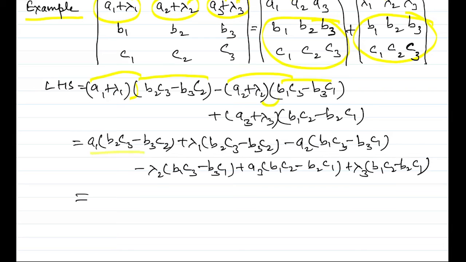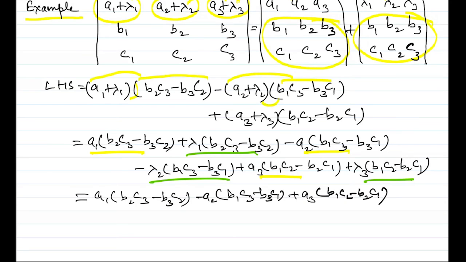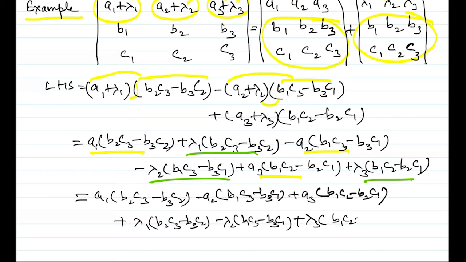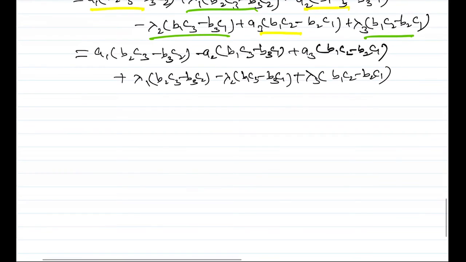Now rearranging this and this term together, and this and this term together, we will get the a terms plus the lambda terms.